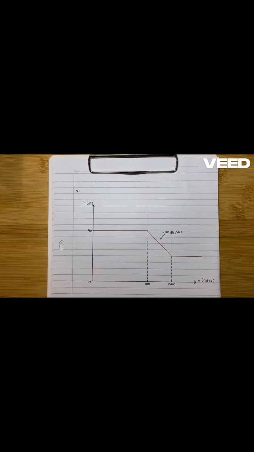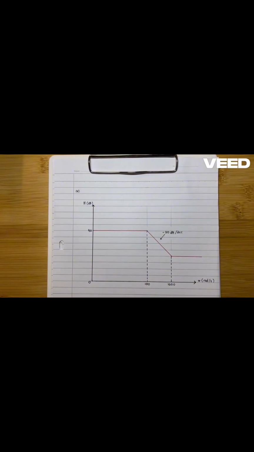This type of system is characteristic of a band pass filter, or a system that attenuates low and high frequency less than it attenuates mid-range frequency.